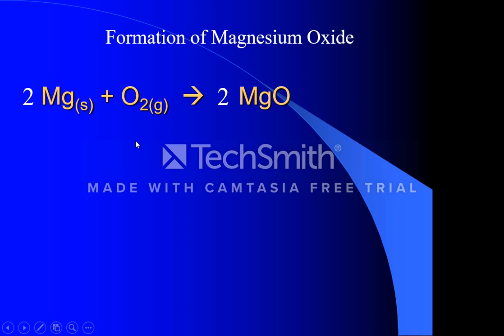In oxygen we have O2 in the R, reactants, and here we have 2 oxygen. But be careful about this part, because this is a common mistake and you said that we have 1 oxygen here. No, because the 2 is for Mg and O also. So we have 2 oxygen and 2 magnesium.